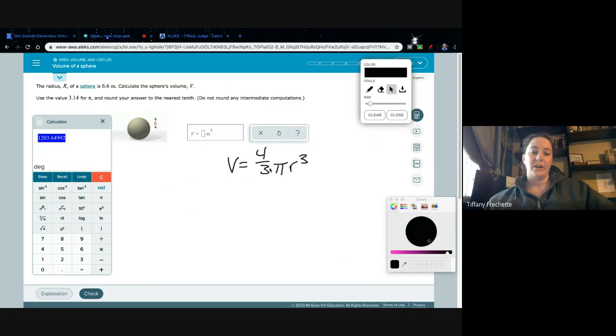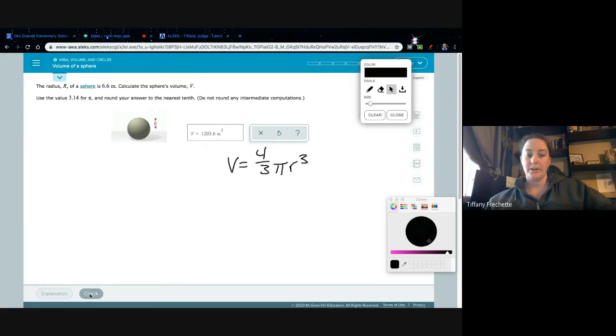It wants you to wait till the very end and round to a 10th. So here's my 10th. I look at the number right past the 10th. 4 or smaller, and it just rounds down to what I already have, which is 1203.6. And the meters cubed was already in there. Meters cubed means that it's a volume. Check.